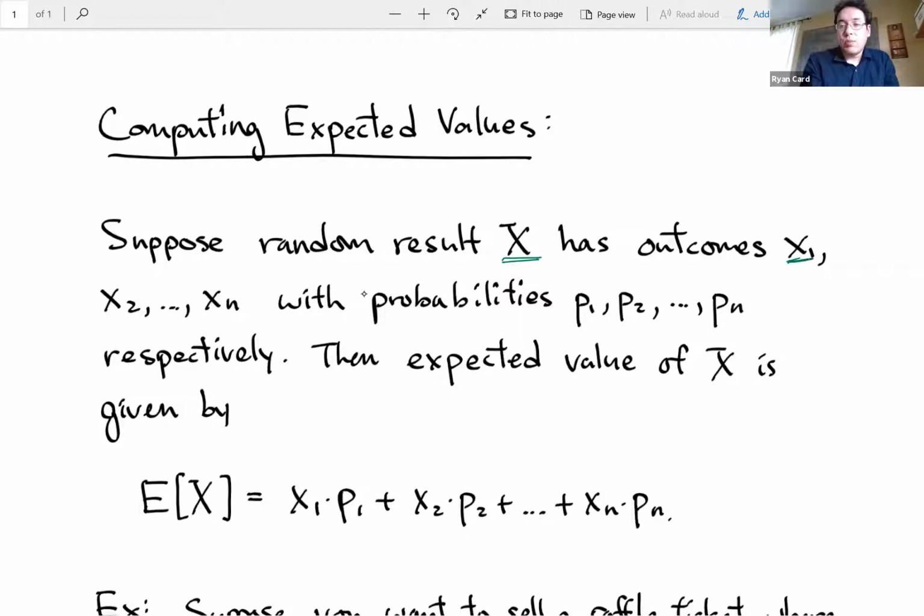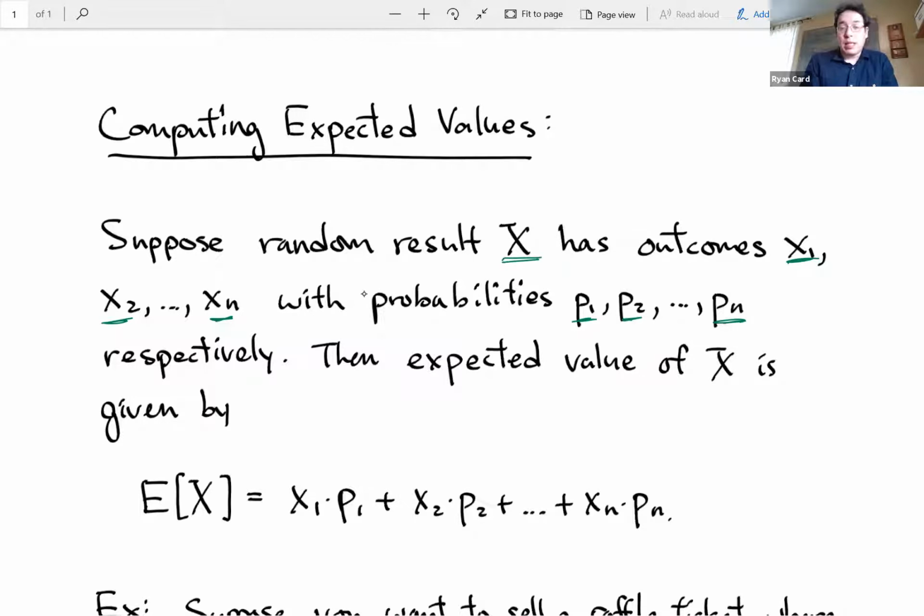Let's say X1, X2, all the way through Xn are possible numbers that this random result could take. And each of those come with maybe a different probability. Maybe they're all equal or maybe it's different. So the probability for getting each result might be P1, P2 to Pn. They could be the same. They don't have to be the same.